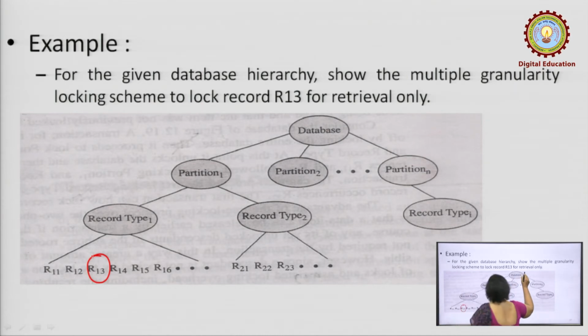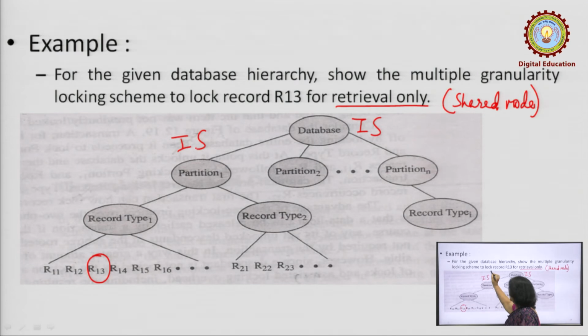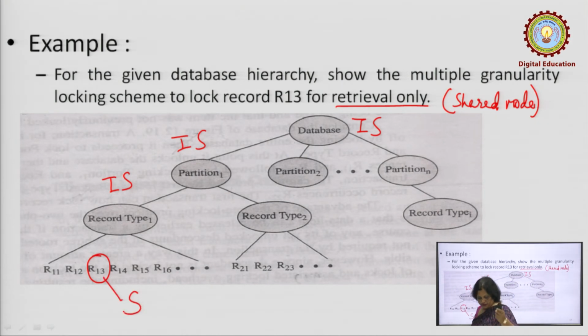First, the database will be locked, because this has to be locked for retrieval only, that is, in the shared mode. So, that means the database will be locked in the intention shared mode. The partition 1 will be locked in IS mode, the record type 1 will be locked in IS mode, and R13 will be locked in the shared mode.